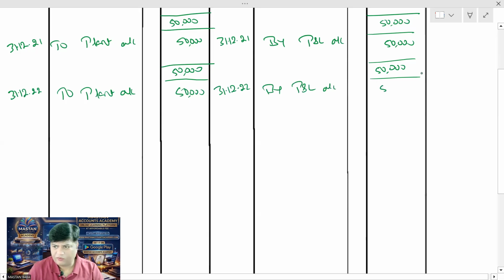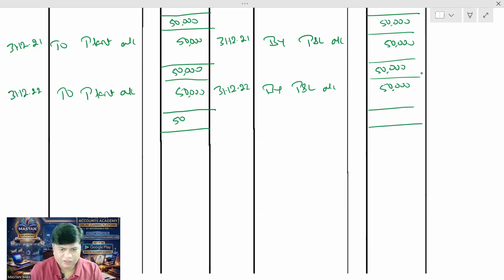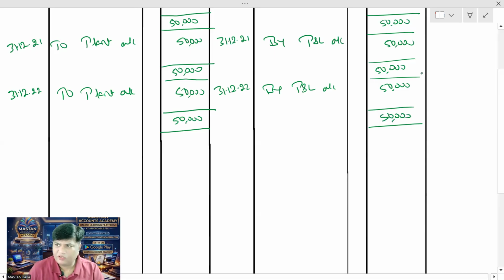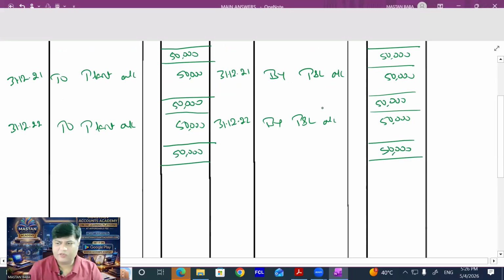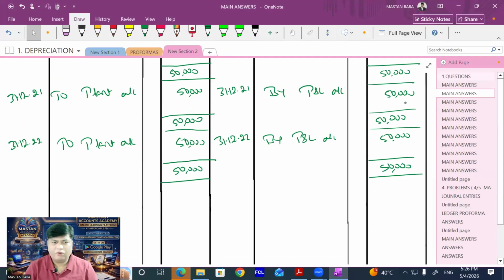How much here? 50,000. See, the first model is finished very simply, without any extra points. Only the asset is purchased and depreciation charged; only the rate of depreciation is not given. So when the rate is not given, what are we supposed to do? We discussed it earlier. So this is our question mark in today's class.